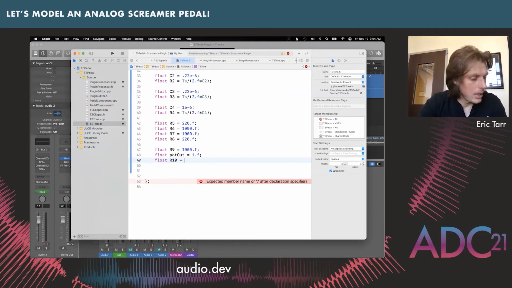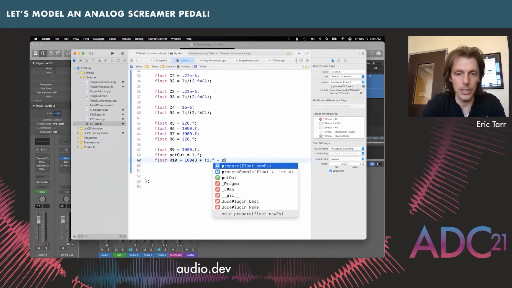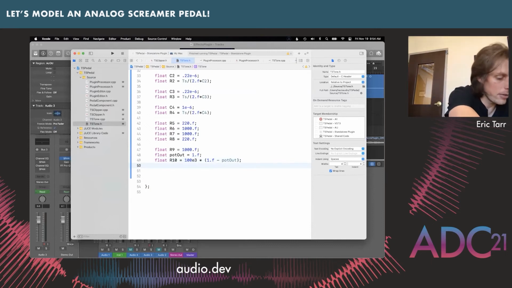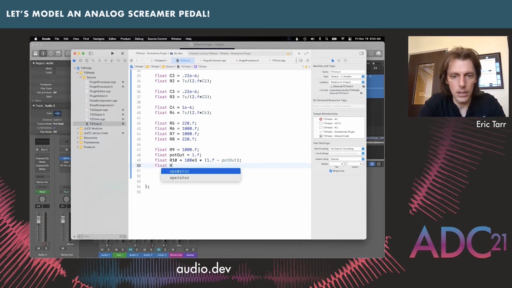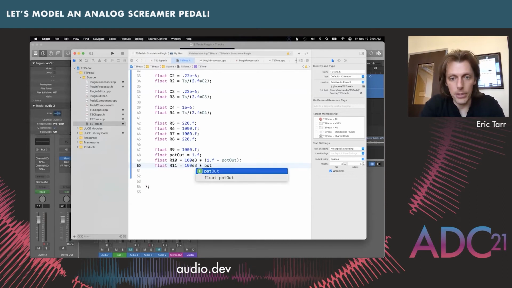R10 is going to be 100 kilo ohms times, this is where we do that wiper, 1 minus our potentiometer for our output. And then we'll have a complementary one, which is R11, equals 100 times our potentiometer for our output.